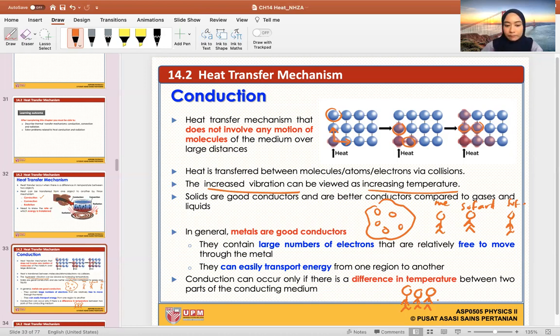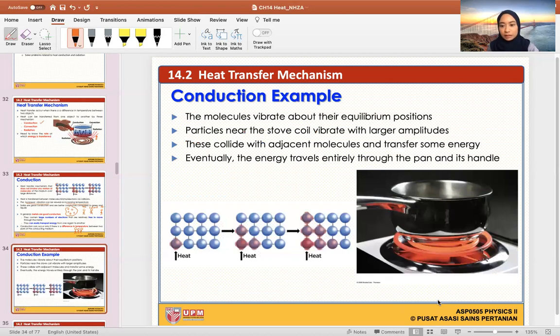Okay, so conduction example. The molecules vibrate about their equilibrium position, menari setempat. Particles near the stove vibrate with larger amplitudes. Tadi kan kita ada gambar. So let's say kita panaskan pot tu dekat sini, ni bawah pot tu.